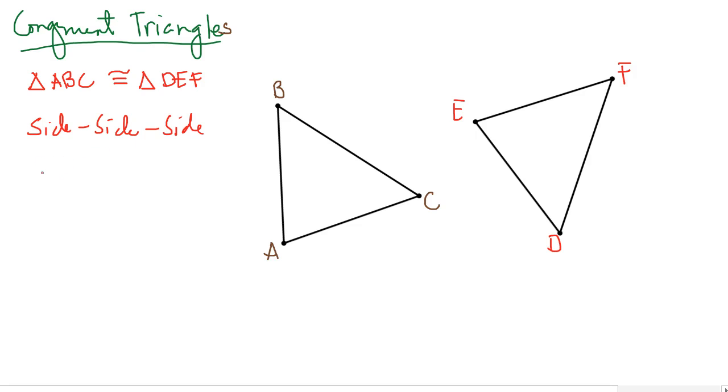That means if I have the side AB equal to side EF, and the side AC equal to side ED, and the side BC equal to side BD, then we can say that triangle ABC is congruent to triangle DEF.